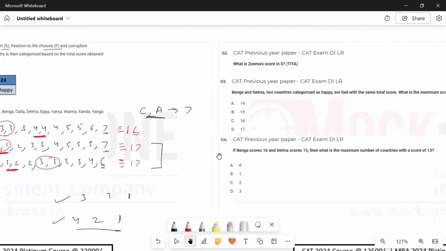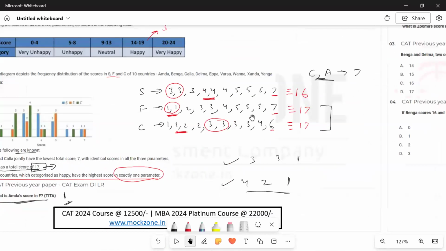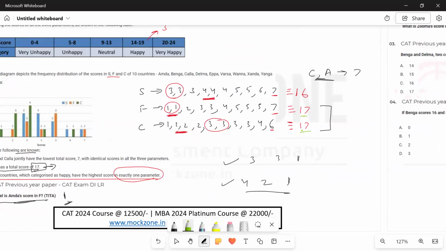Coming to the second question, what is Zuma's score in S? We have to find Zuma's score in S. Now Zuma can either maximize in F or she can maximize in C. If she maximizes in C, her score in S would be 6: 6 plus 5 plus 6.